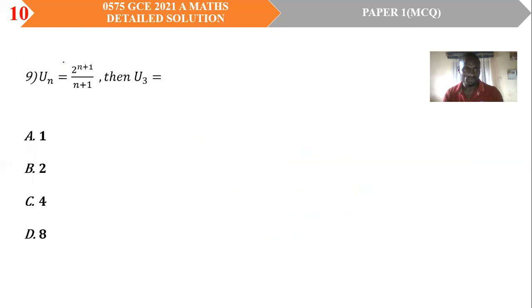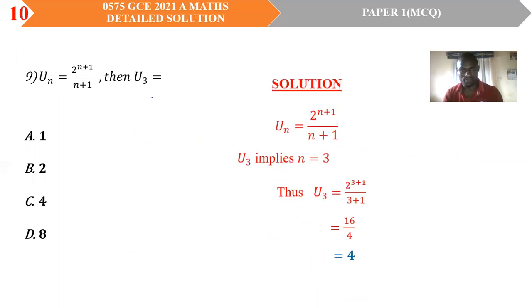U_n equals 2 to the power n plus 1 all over n plus 1, and then U3 is equal to? So this is the formula for the nth term of a sequence, U_n. Now we want to obtain U3. Solution. When we have U_n equal to 2 to the power n plus 1 over n plus 1, U3 simply implies n is equal to 3.